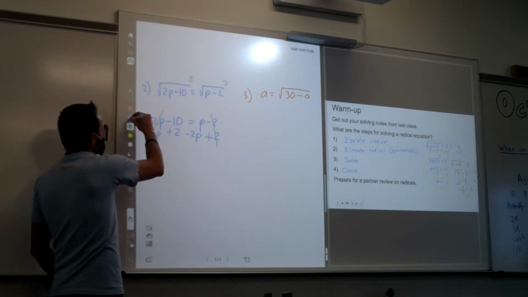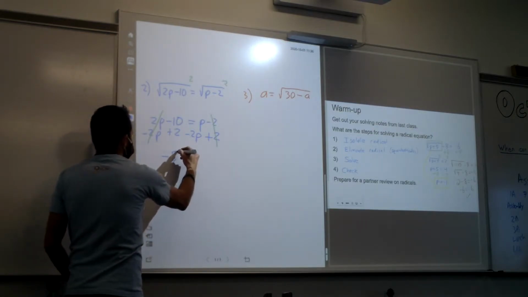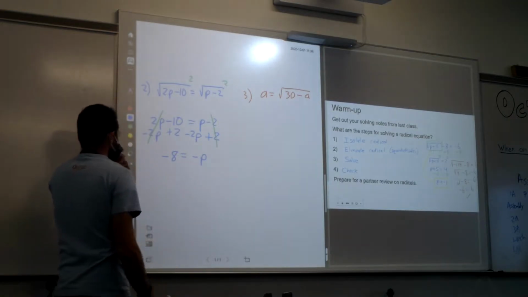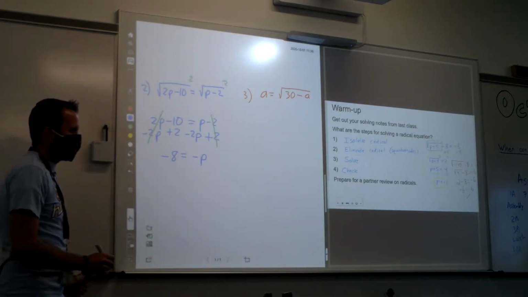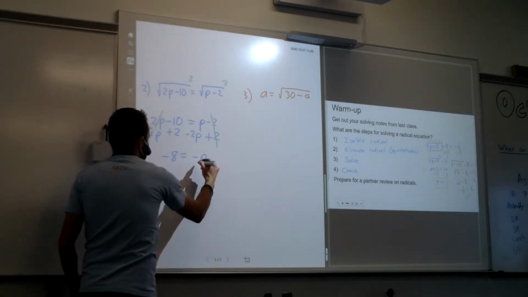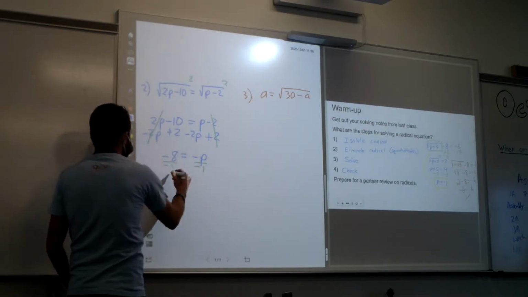So here we're going to have negative 10 plus 2, which is negative 8. And that's going to equal p minus 2p, which is negative p. How do you get rid of that negative? Good job. Now we'll just change the sign of both of these so we get p is 8.